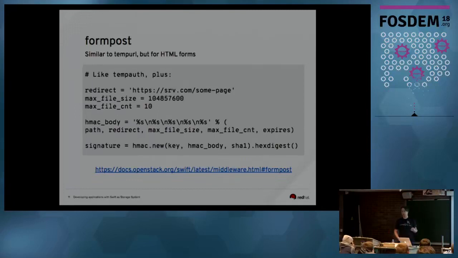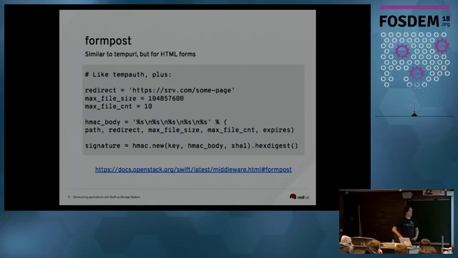There's a field for redirecting the request, so when your browser finished the upload, Swift actually returns a redirect, and your browser will hopefully follow this redirect. You can also limit the maximum file size and the number of input fields for this HTML form, and only if all of these parameters are met, only then is this a valid request.